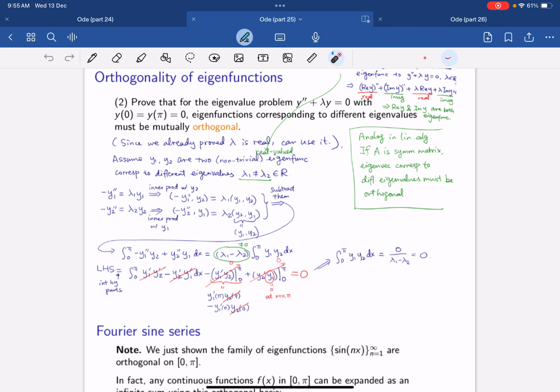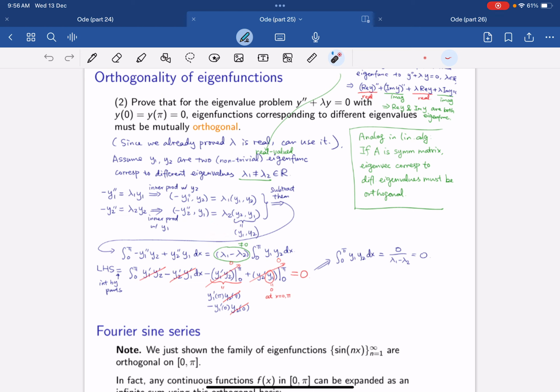For the next one, we want to show that they are mutually orthogonal. So we assume that we have two non-trivial eigenfunctions. Because they are both eigenfunctions, they satisfy the equation over here. If we take the inner product of the top one with y2, we get lambda 1 times the inner product of y1 and y2, and for the bottom we take the inner product with y1 instead, and we get lambda 2 times the inner product of y1 and y2.